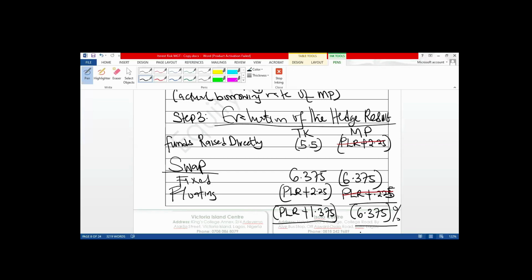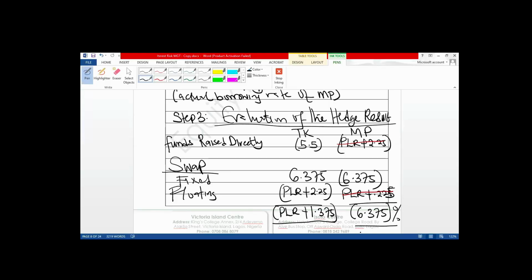We have the two rates. Which of these companies will be at disadvantage?